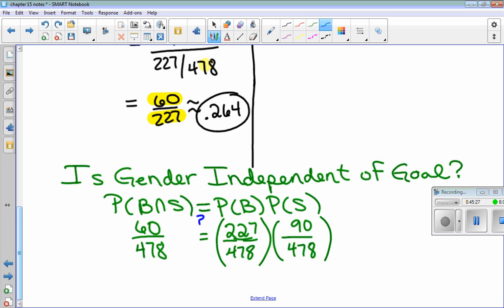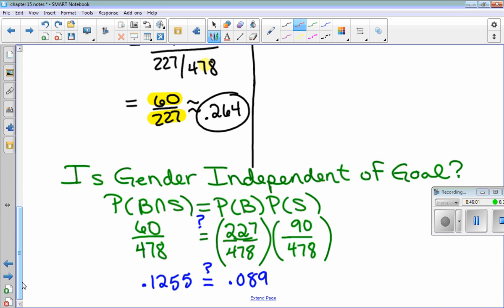We're not sure if this is true, so let's do the division. 60 divided by 478 is 0.1255. Is it the same as the other side? Let's multiply these together as well, and I get 0.089. Are they the same? No.